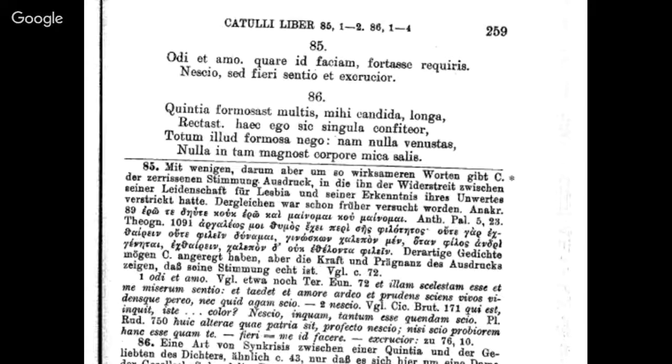Again, the interpretation is much the same as with Döring. And then it states, the same thing was attempted before: Dergleichen war schon früher versucht worden. And then it goes on to list Greek parallels. What has changed was obviously the direction of scholarship, but not the form in which the scholarship expresses this knowledge.